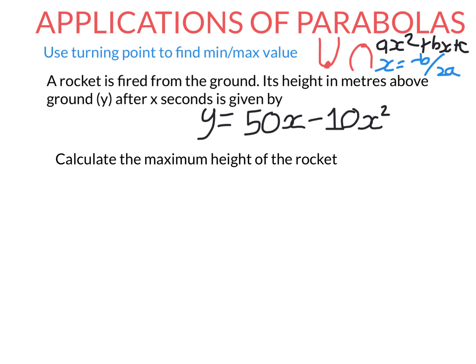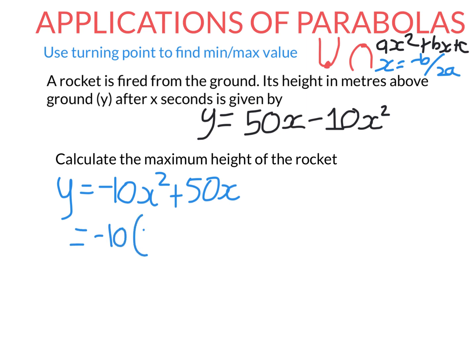So what if I wanted to complete the square? Well, what I have here is y equals negative 10x squared plus 50x. When you want to complete the square, if there's a number in front of x squared, you have to take it out. So I get negative 10x squared. What do I times by negative 10 to get negative 50x? Well, that's negative 5x.